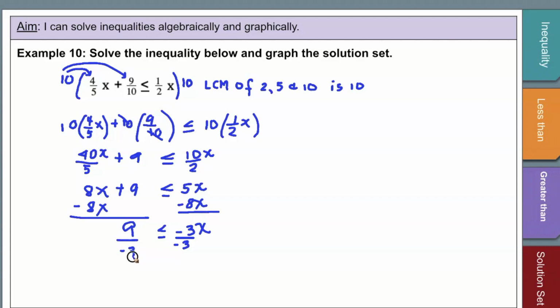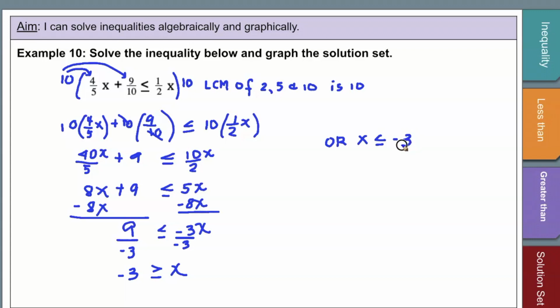And since we are dividing our inequality by negative 3, then let's reverse the order of less than equal to greater than. So that would simplify to negative 3 greater than equal to x, or it's the same as x less than equal to negative 3.